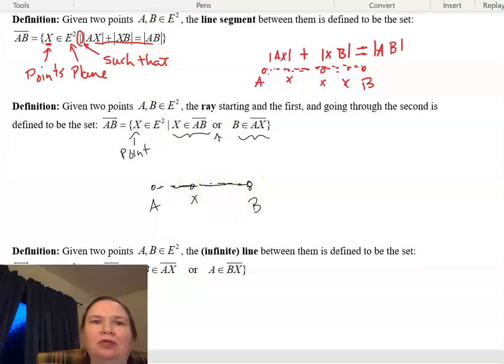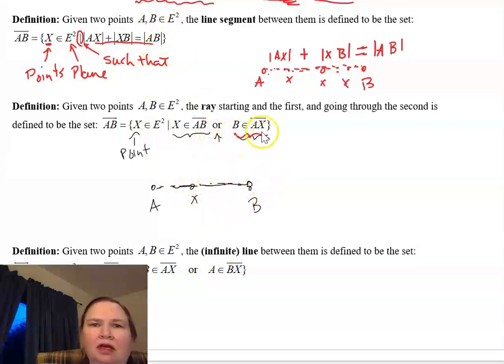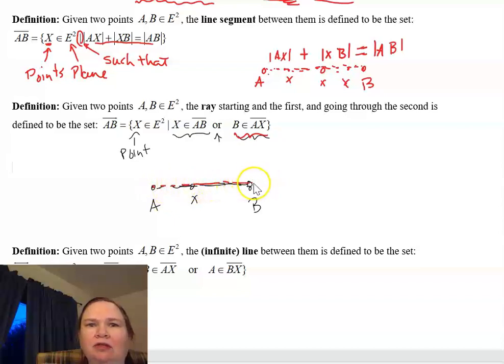All right, I'm going to switch colors. The next thing says, if B is on the segment from A to X, so if the shortest way to get from A to X goes through B, that means X has to be out here somewhere.